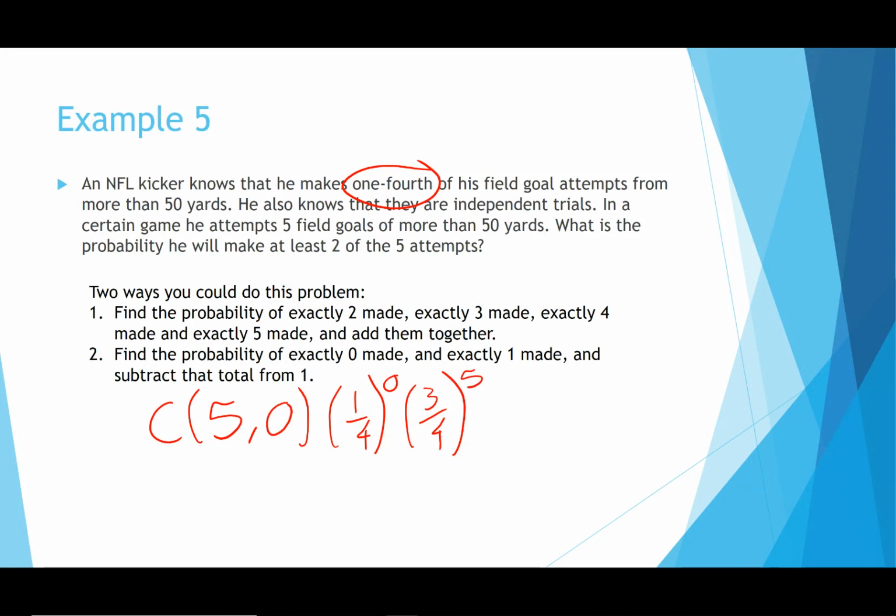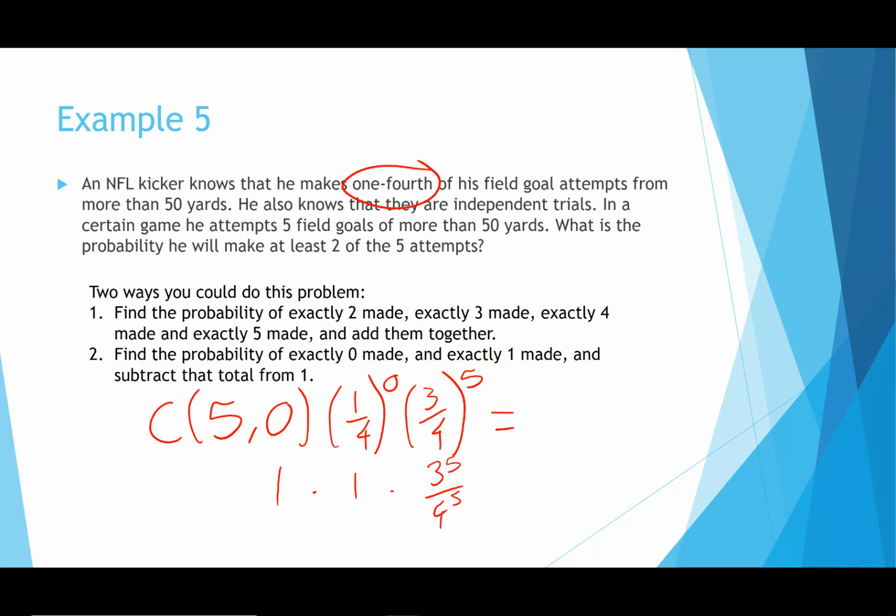So there's your formula, and you can calculate it. I believe 5 choosing 0 is just 1. This is also 1. And 3 to the 5th power over 4 to the 5th power is something very interesting.